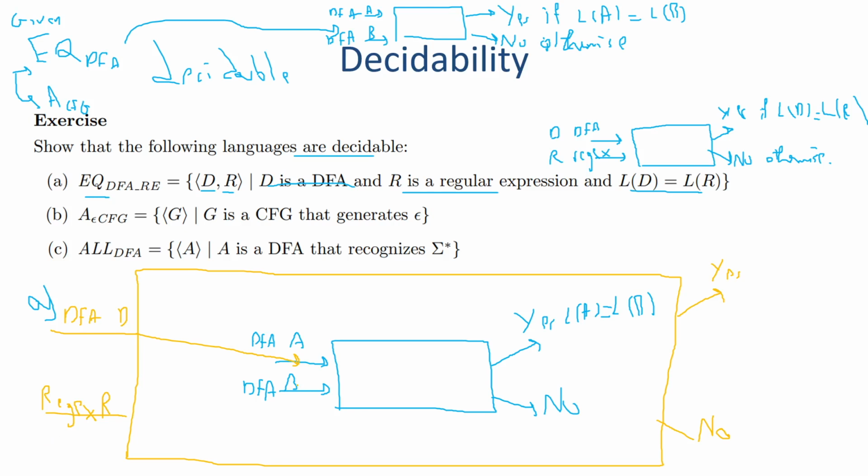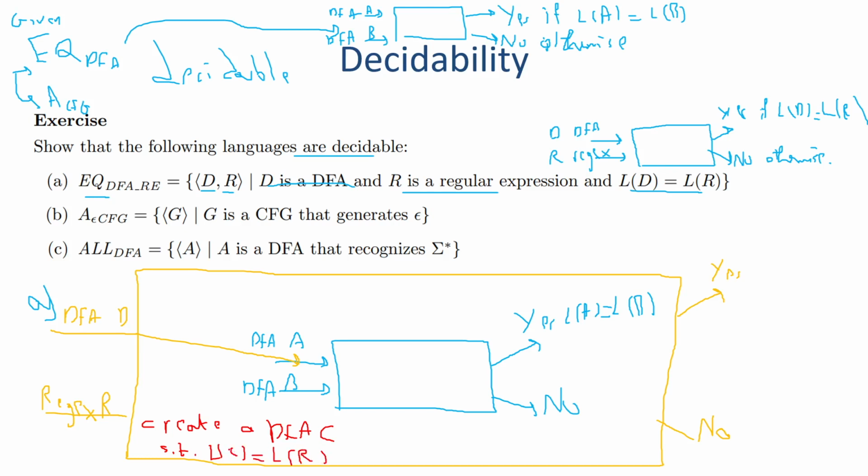Like I can't put a USB-A in a USB-C. So I have to change it to something that can be inputted here. Simply, we could say, create a DFA C such that the language of C equals the language of R.